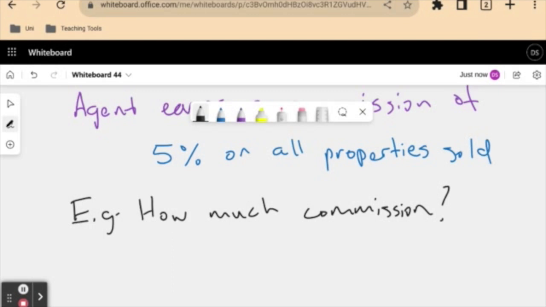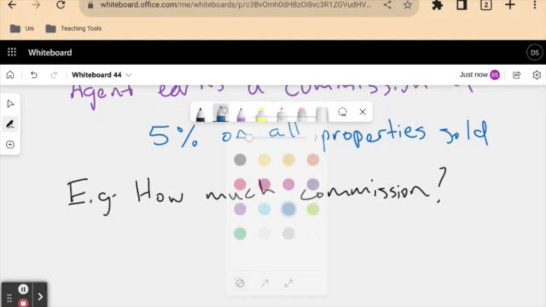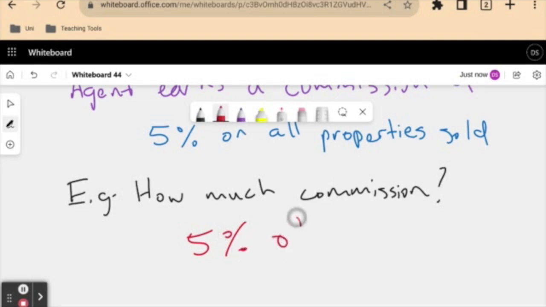Now, this is a real life applied question, but have we seen this anywhere else? Because to me at least, isn't this question just asking what is 5% of 520,000?